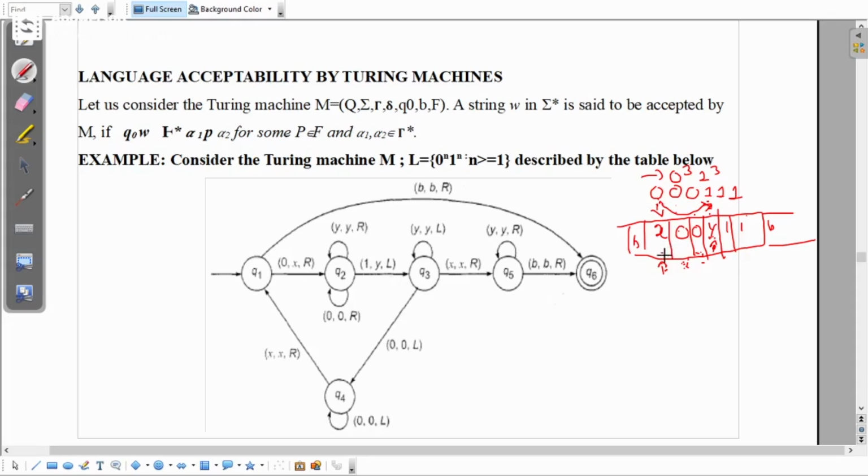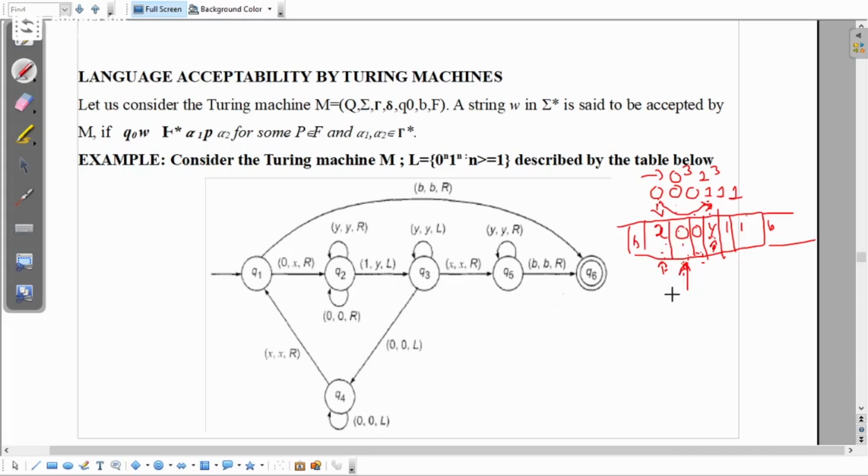The moment I get this last x, I will just shift one place to the right and get the 0. Then I should continue with the same procedure.